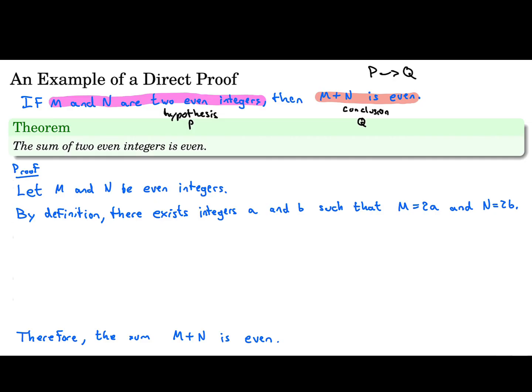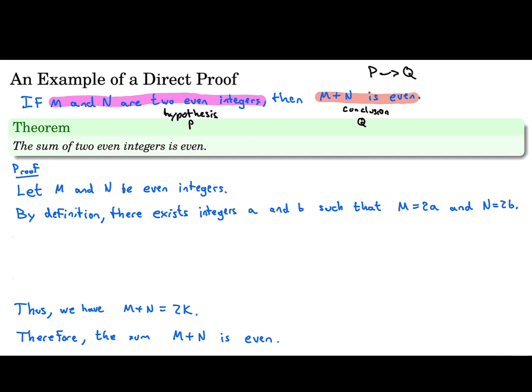That means that at some moment we're going to end up with: thus, M plus N is equal to 2 times K, for some K. We need to find this K essentially. So we need to show that M plus N is equal to 2K, where K is an integer.